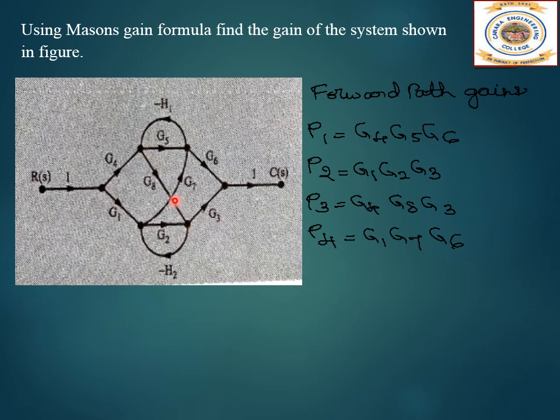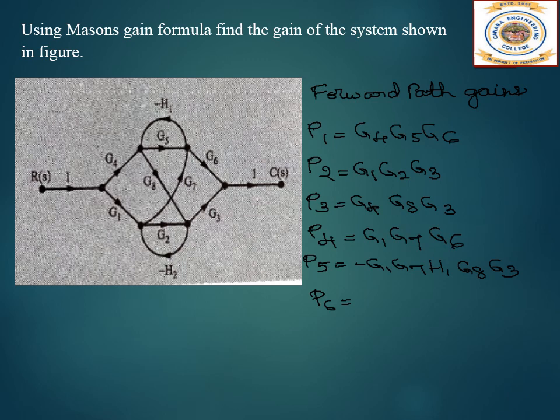Here there is no node, it is a jumper, then G8, G3. So P5 is, I'll write it with a minus because H1 is minus, G1, G7, H1, G8, G3. We have one more path, P6.